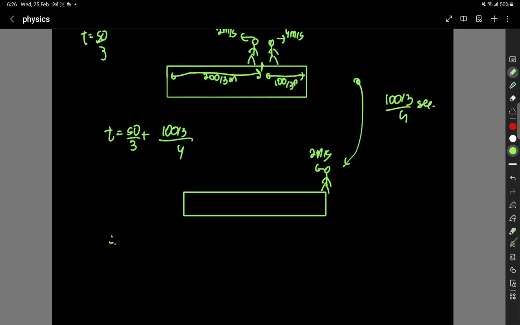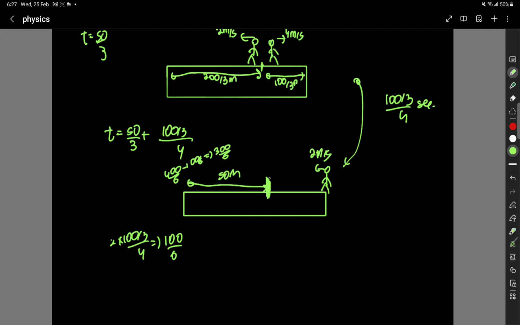This guy would have gone 2 into 100 by 3 by 4, which is 100 by 6 meters. So 200 by 3, this will be 400 by 6 minus 100 by 6, 300 by 6, so 50 meters.